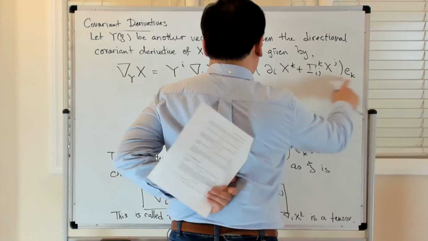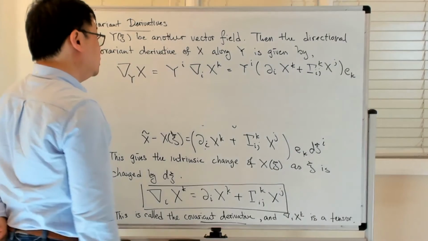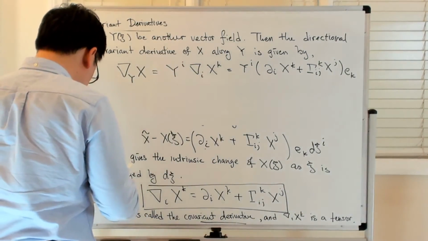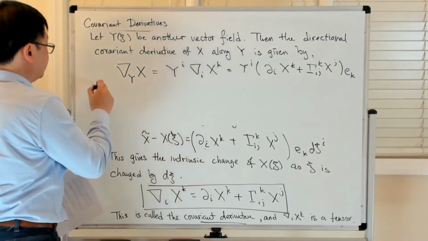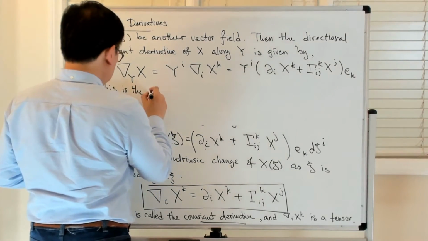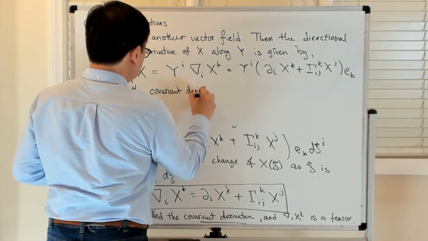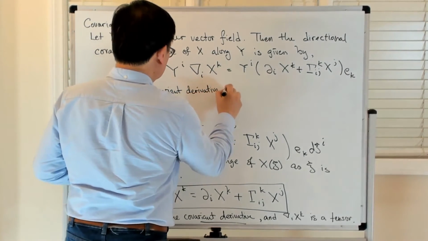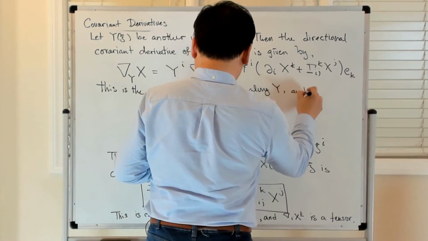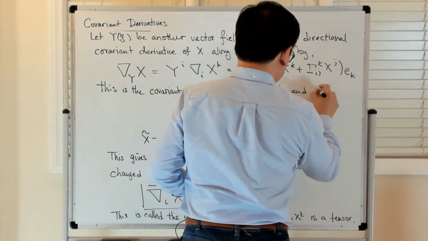Yeah, so I'm treating this as actually a vector, right? The output of this is another vector. It's actually another vector field. And so I'm just going to contract it with the basis vectors as well. Okay, so this is the covariant derivative of X along Y, and it is, again, a vector field.